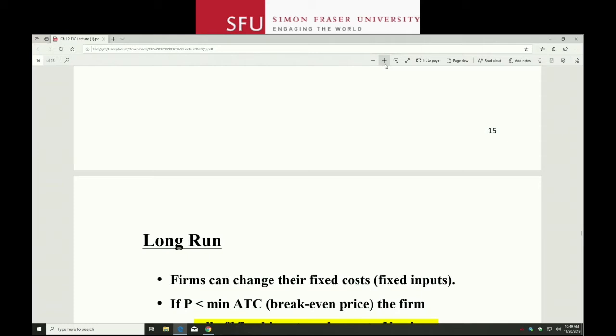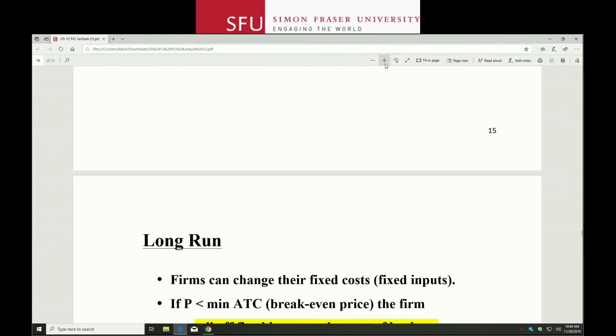But in the long run, you have enough time to change everything. So this will be really important for a market, because in the long run, firms can enter or exit the market. To enter the market means to start a business, so you have to acquire the fixed input. Or to exit the market, you close down your business, and so you get rid of your fixed input. So that's a long run concept for firms to be able to enter or exit a market.